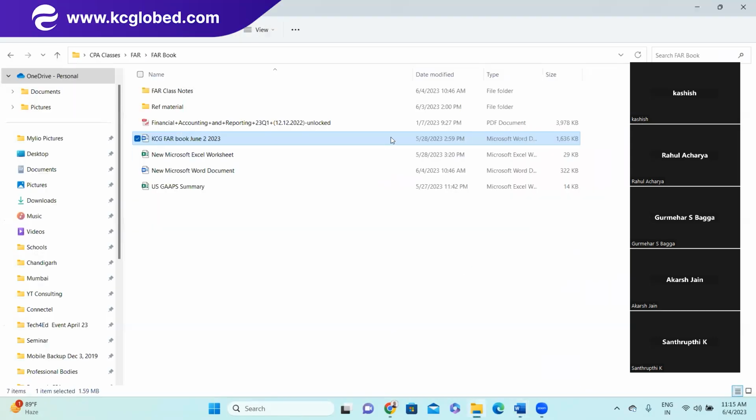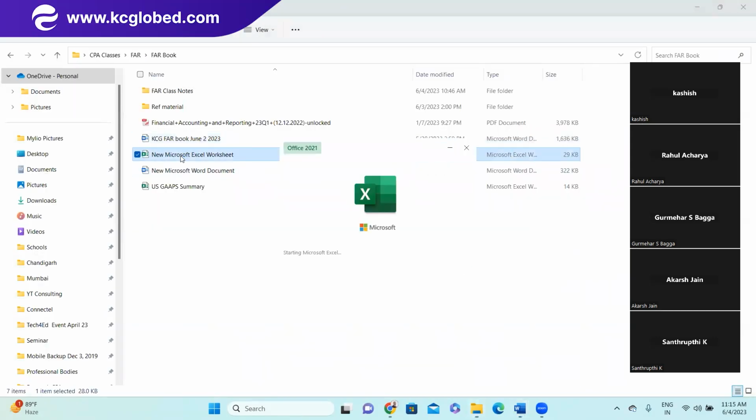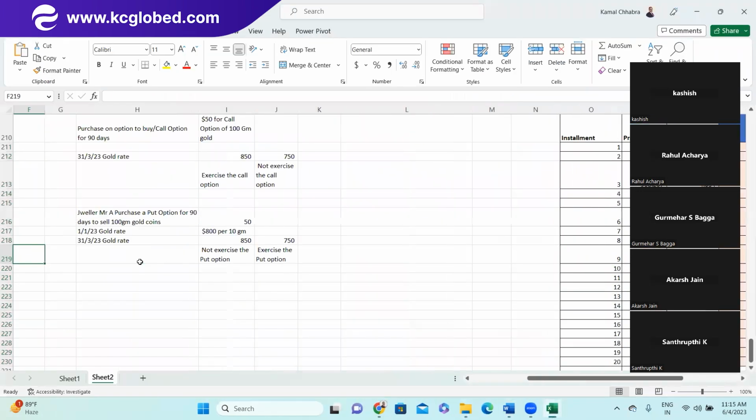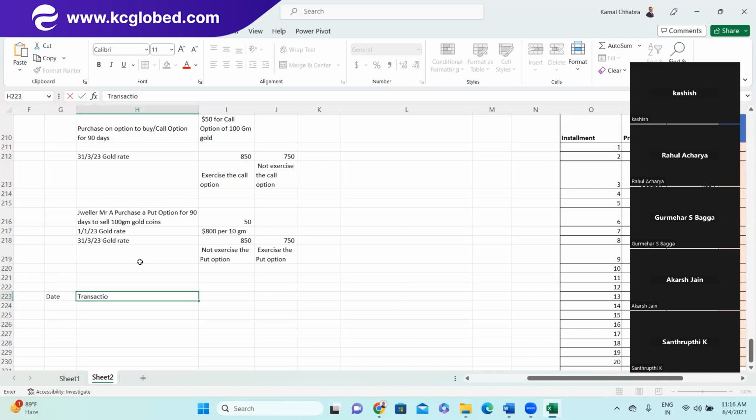Let me open an Excel sheet for you. Let's take an example. This is your date, this is transactions, and this is amount.